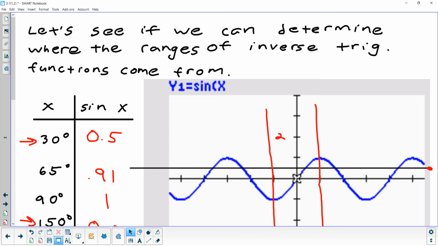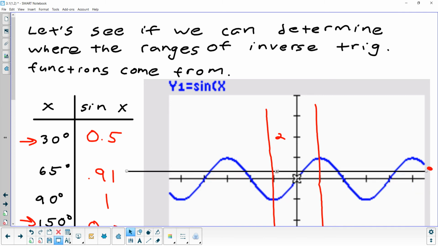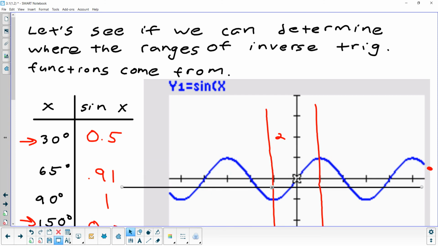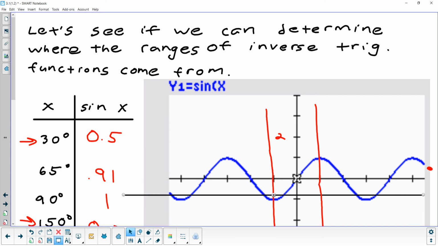As I drag this line up and down, watch it just in between the red lines. No matter where I put it, does it ever hit the blue graph more than once between the red lines? No. And that's the key. If this black line never hits more than once, then you're guaranteed to only get one answer.